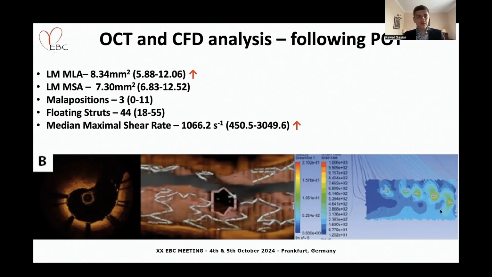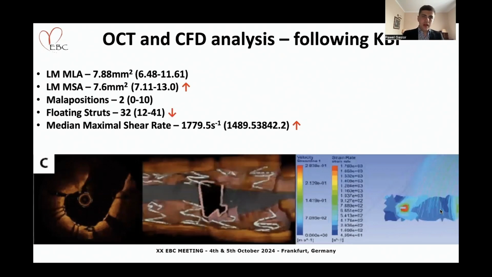We found only 3 malappositions in the left main, and we found 44 floating struts at the ostium of the side branch. The median maximal shear rate increased to 1066, so over 2-fold from the baseline.